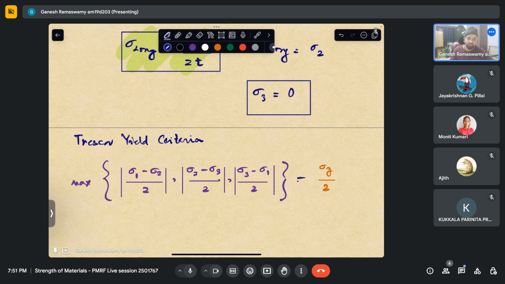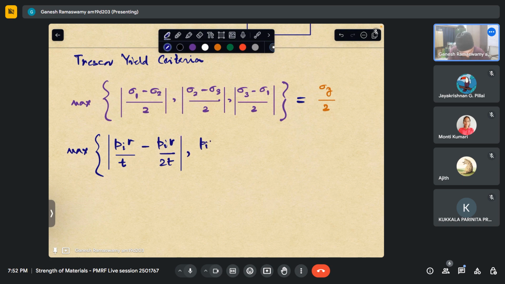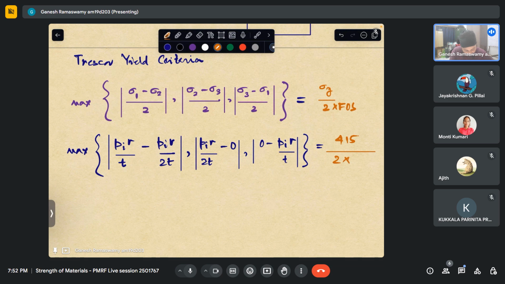So this is nothing but the maximum of PiR by T minus PiR by 2T, PiR by 2T minus 0, and 0 minus PiR by T. Here we should not forget the factor of safety, and this yielded us 415, and the factor of safety is 1.5.